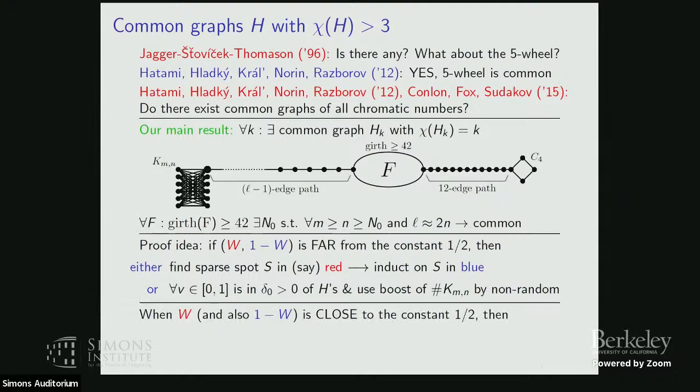So the main part of the argument actually lies in the other case, namely when the graph on W is close to the constant 1/2. But then, at least if I try to convince you in basically 1 or 2 minutes, the girth of this graph H is 4, and I told you that an even girth is a good reason for a graph to be locally Sidorenko.